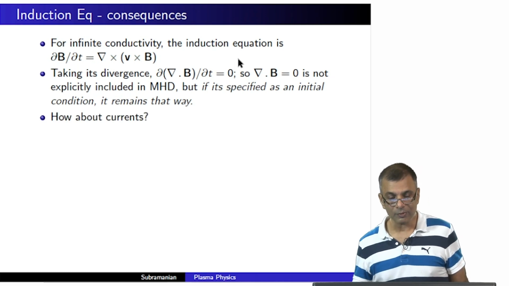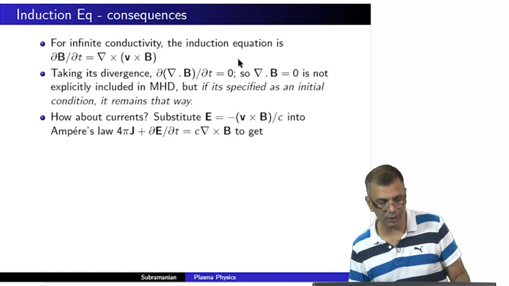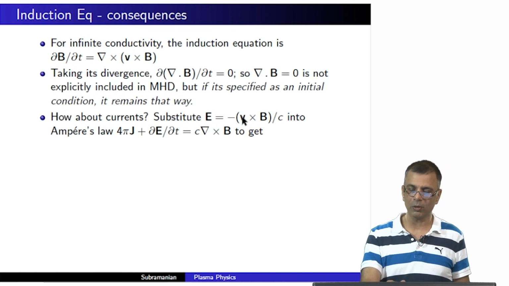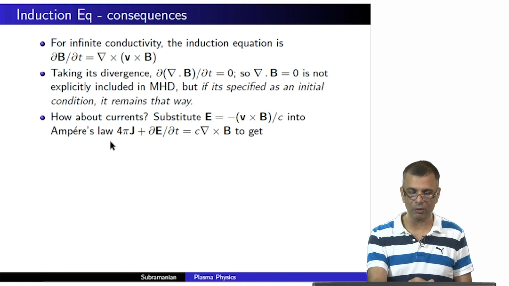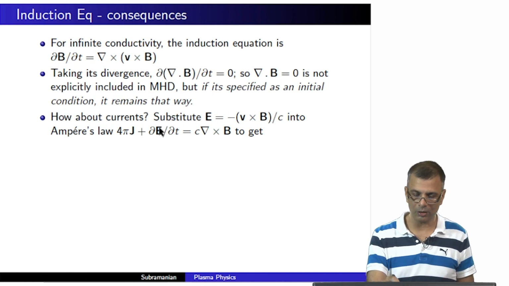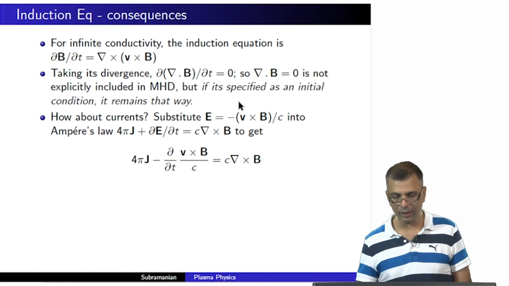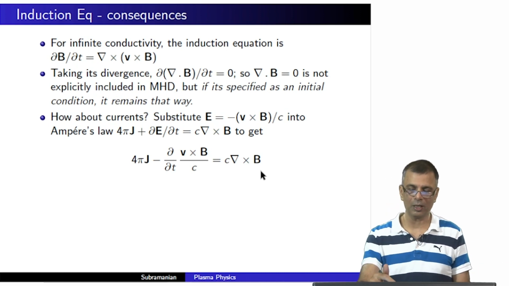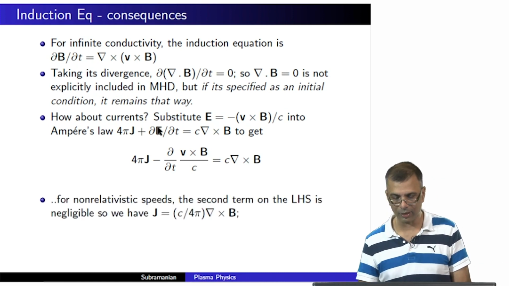Now, how about currents? This is very interesting. We substitute E equals V cross B over C into Ampere's law here. So, this dE/dt, we substitute this here, and we get that. There's no mystery. I just substitute this in here and I get this.